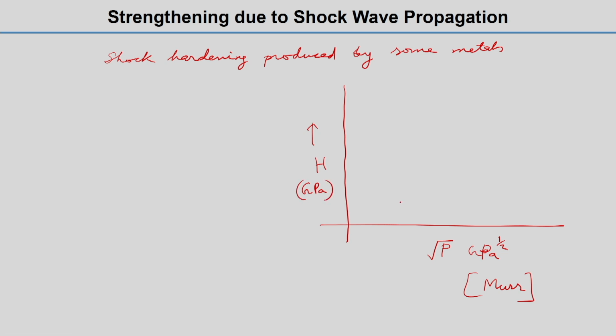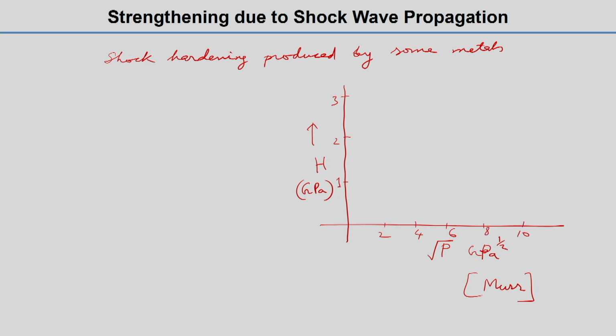For some common materials, the hardness values are 1, 2, 3, and the square root of pressure is, let us say, 2, 4, 6, 8, 10.